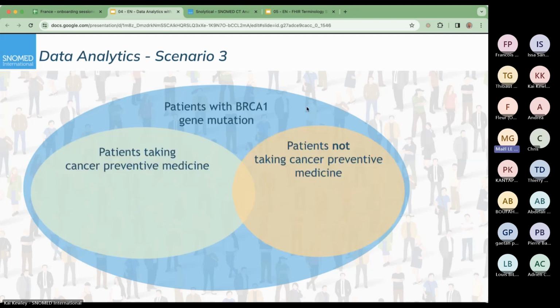We've got the blue cohort of patients, which is any female with a BRCA1 gene mutation. And then we have a few patient groups, patients taking some cancer preventative medicine, and the other group is patients not taking the medicine. And then we're going to look at the effect on the correlation of breast cancer.